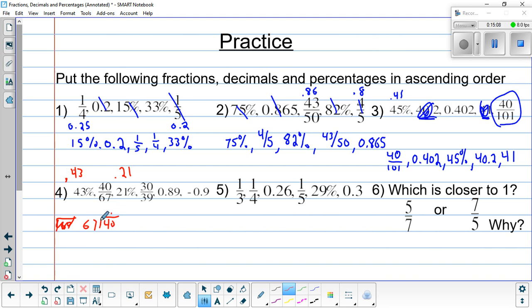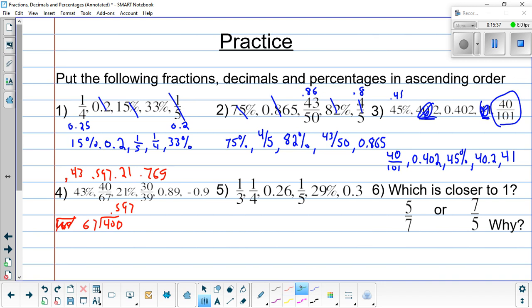How many times does 67 go into 400? Well, that's just going to be 0.5, and then 9 and 7, so 0.597. And then, what's 30 over 39? That's 0.769. And we can just leave it there.